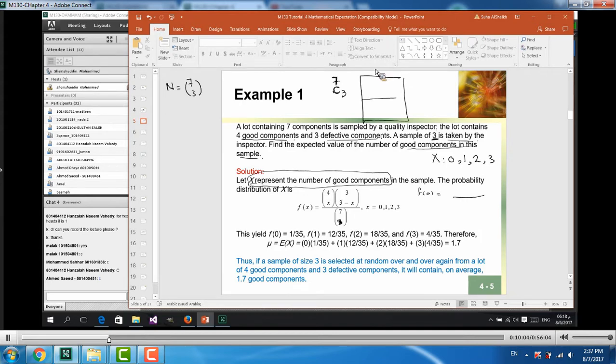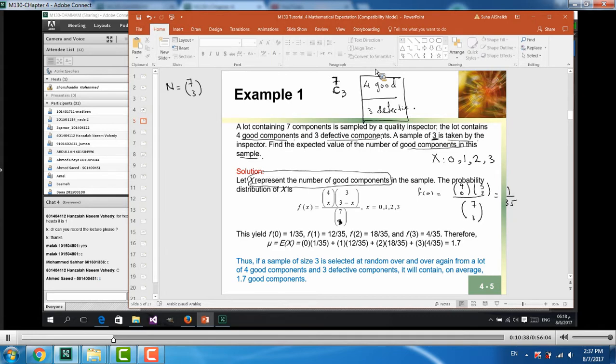So here we have 4 that are good and I have 3 defective. So if at 0, 0 are good, from the 4 good I'm taking 0 and the other 3 are all from the defective, divided by the overall which is 7 choose 3. Right? You will get that the result here is 1 over 35.